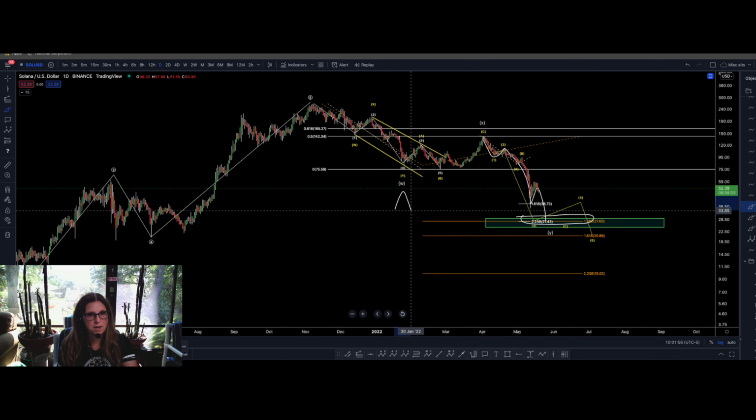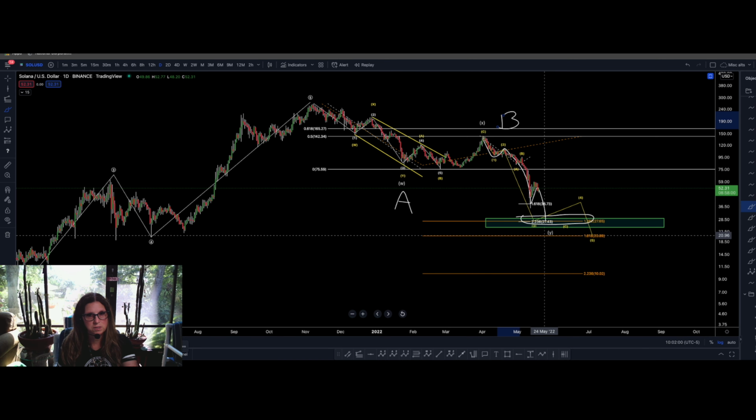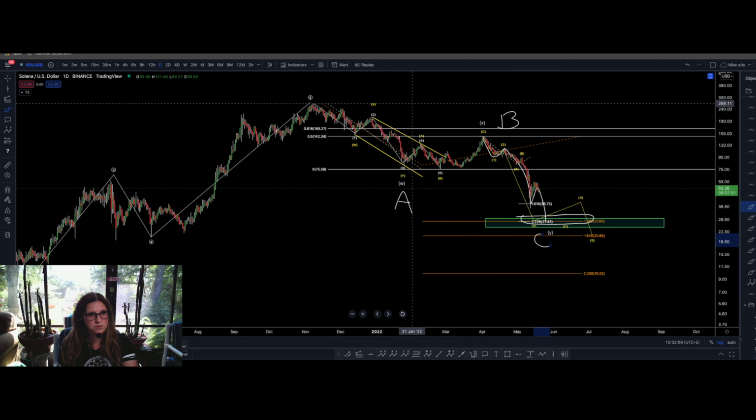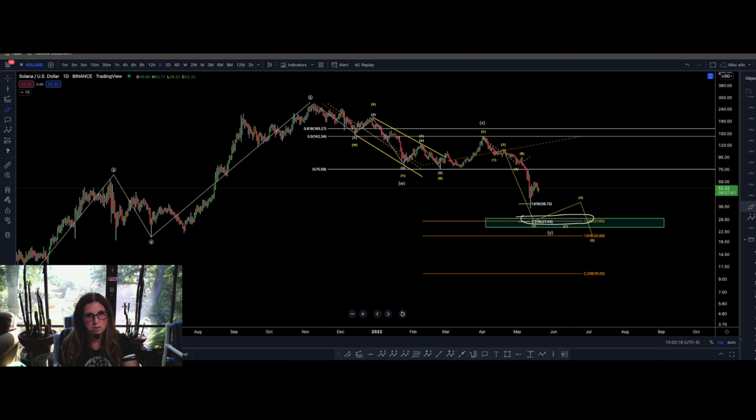Because if this is A, and this is B, and this is going to be C, everything you read in books and on the internet wants the B wave to come 90% of the A, because this would be a 3-3-5 flat. If you notice, this potential B wave only came to the 0.5 extension.